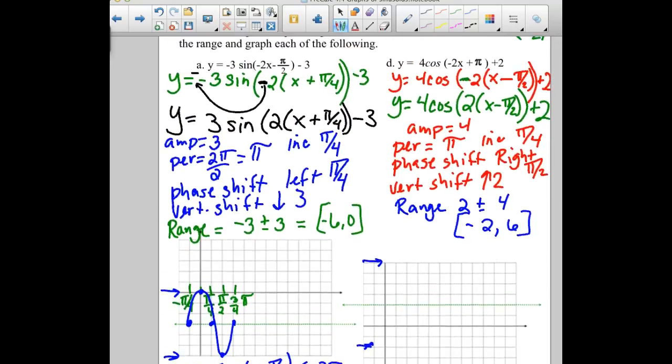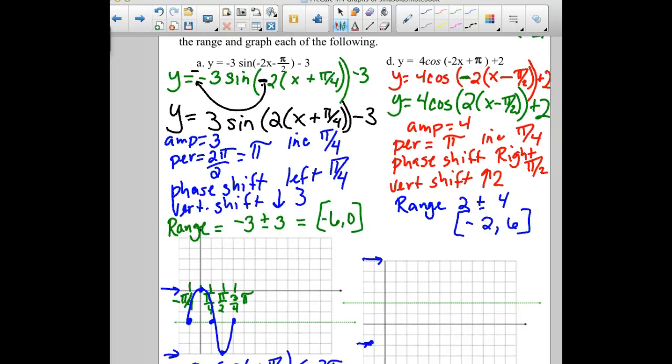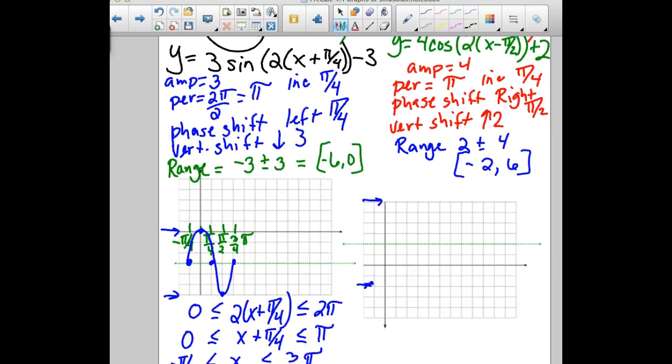All right, let's look at our phase shift. We said we are moving to the right pi/2. Our increments are in pi/4s. So right 2 spaces, right? Pi/2 would be 2/4 from 0. That's going to be where I start. Each increment goes up by 1/4 pi.